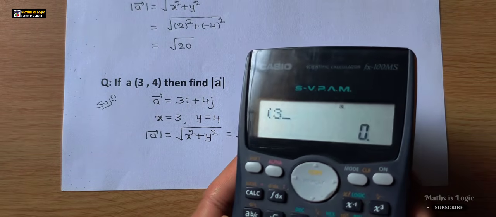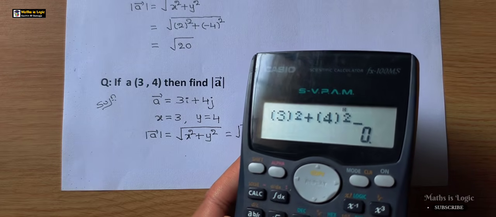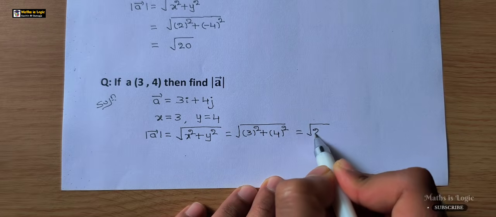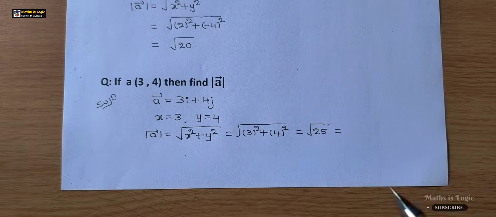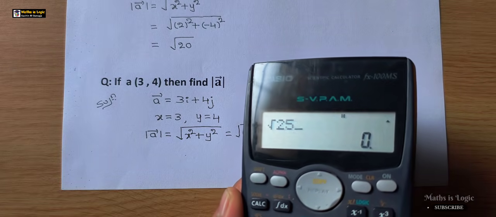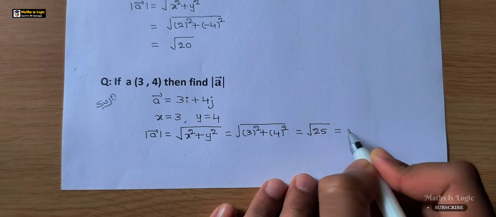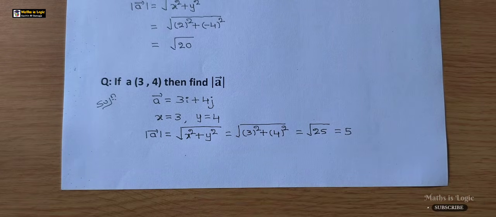Again 3 square plus 4 square is 25, root 25. So this is also a final answer, otherwise this is a perfect square. We know square root of 25 is nothing but 5, therefore final answer is 5. So this is the magnitude of a vector.